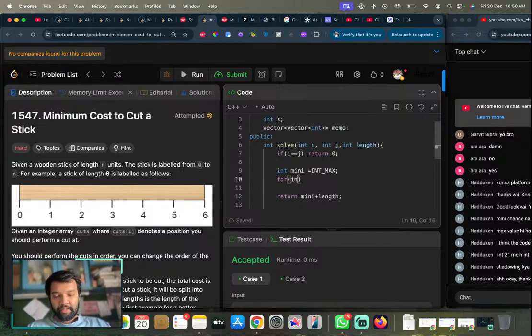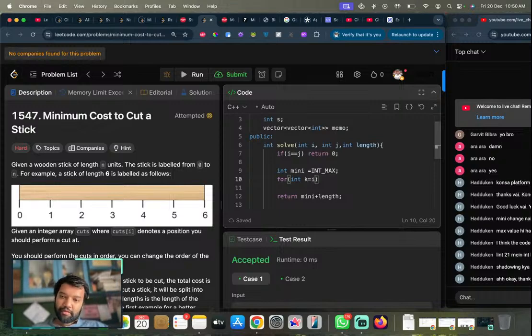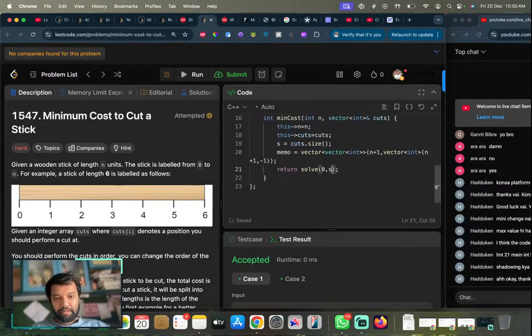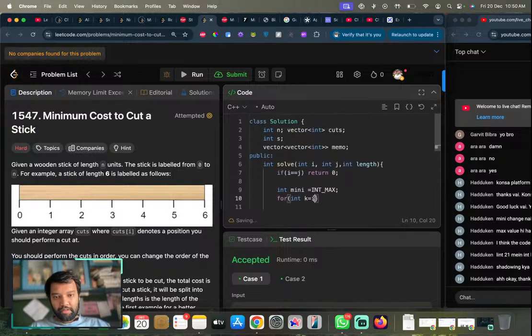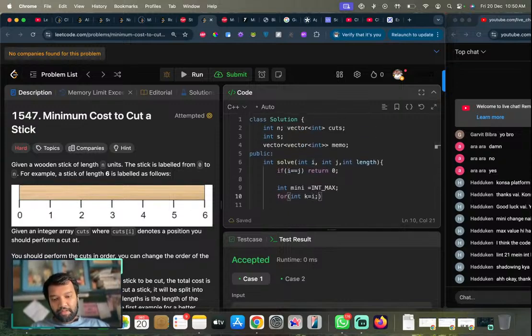For int k equals to i, k smaller than j, k plus plus.